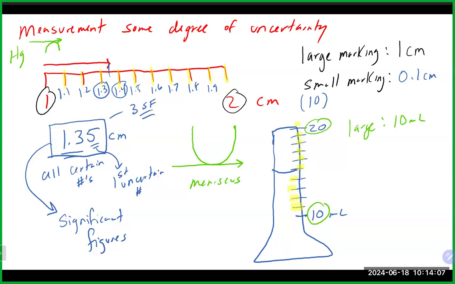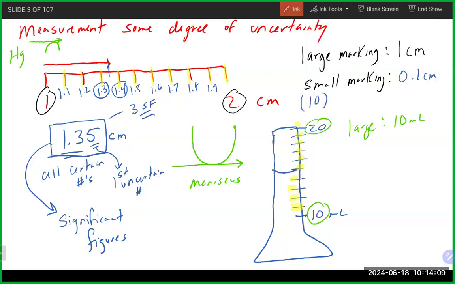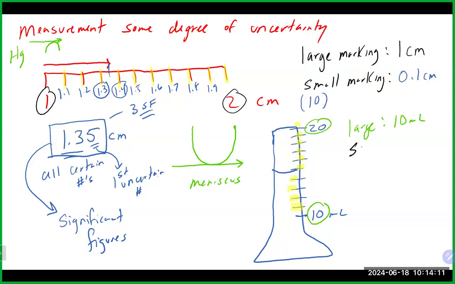So again, here we have 10 small markings. 10 divided by 10 is going to be 1 milliliter is what each of these represents. So that guy there would be 11, 12, 13, 14, 15, 16, 17, 18, 19, and 20.